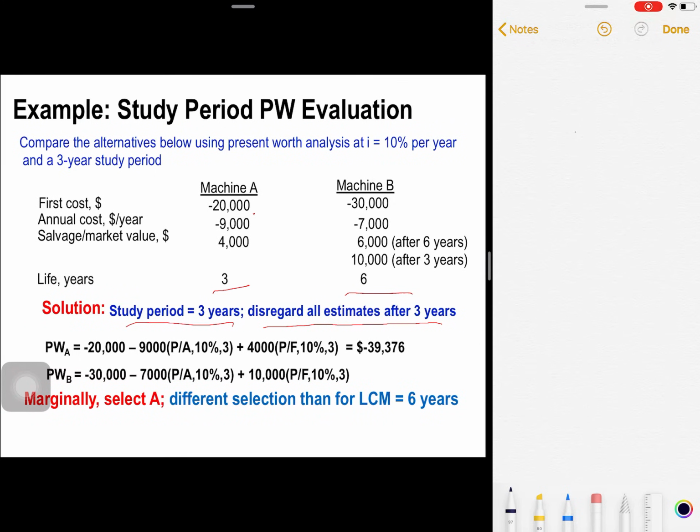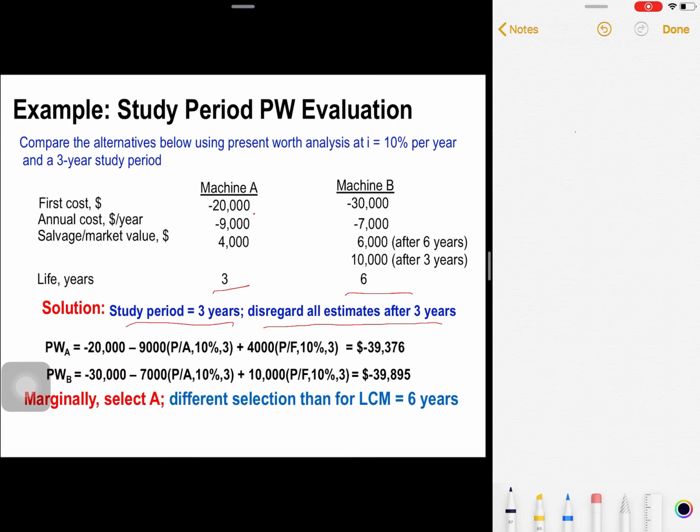For PWB: negative $30,000, the operating cost negative $7,000 P of A, 10%, n equals 3, plus 10,000 P of F, 10%, 3 years.